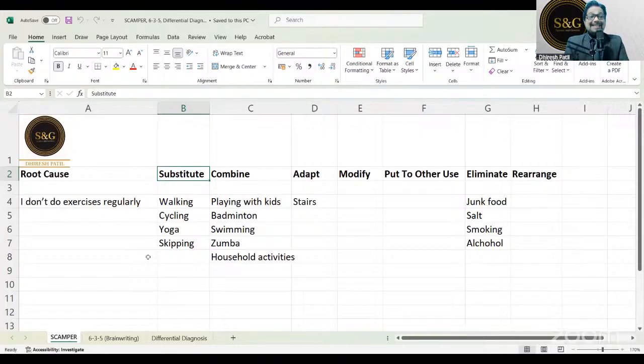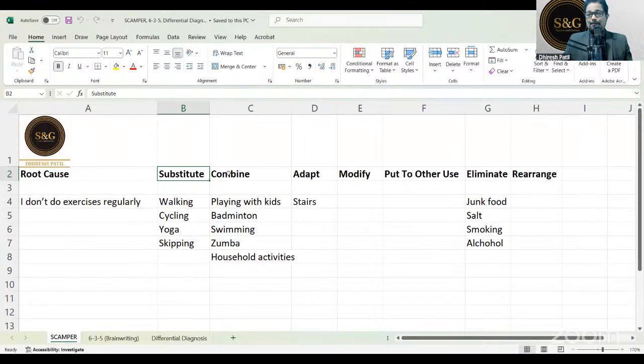Taking the steps, very good. That's an amazing option, rather than going by lift. Sure, my floor is the 20th floor, so at least take 4 or 5 floors by stairs and then take the lift, right? So we can be a little innovative. Sports, yes, playing with kids or even cricket or badminton, all these things. Very good. Super.